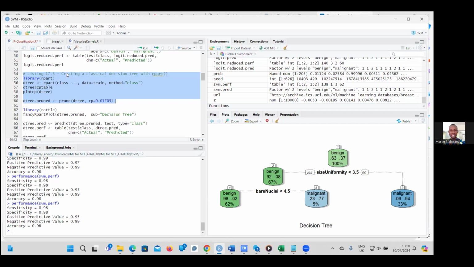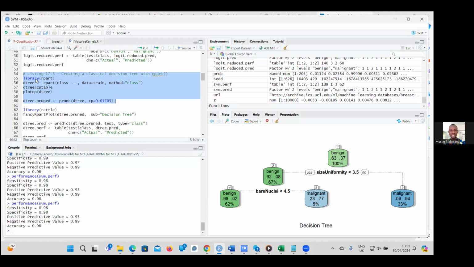Still trying. I think I erroneously deleted some of them, so I'm just getting it back. Okay. As a tip, you don't have to run things line by line. You can highlight a group of code together and run them together so that you don't miss any of the required executions.